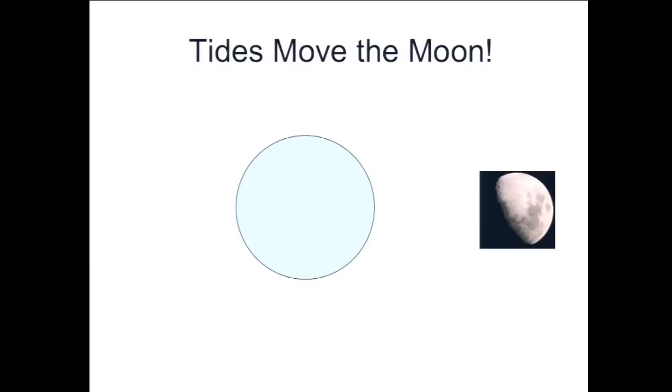So this is my schematic diagram of the Earth and the moon. And when we've been talking about the force of gravity that the moon puts on the Earth, or that two objects pull on each other, we've really been talking about kind of the average gravitational force. So kind of the force that the moon puts on the center of the Earth, you can think of as the average gravitational pull that the Earth feels.